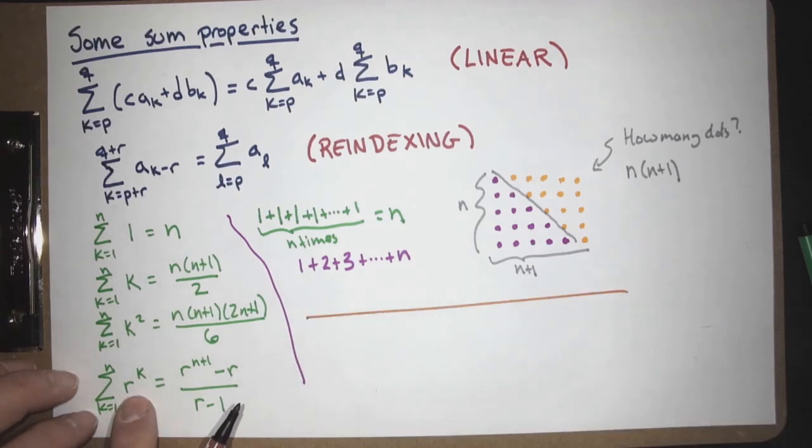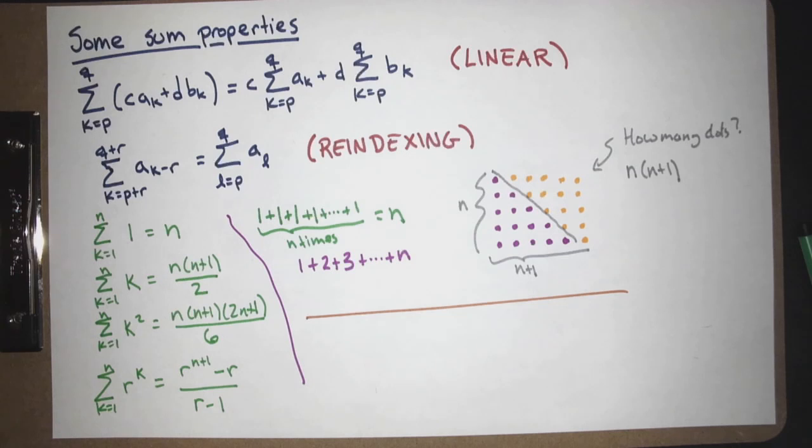So this is geometric. Now, oftentimes you hear the word geometric and you think, oh, I should draw a picture. That sounds geometric. But geometric has a particular meaning. It means multiply. You'll hear things like arithmetic versus geometric. Arithmetic means you add.